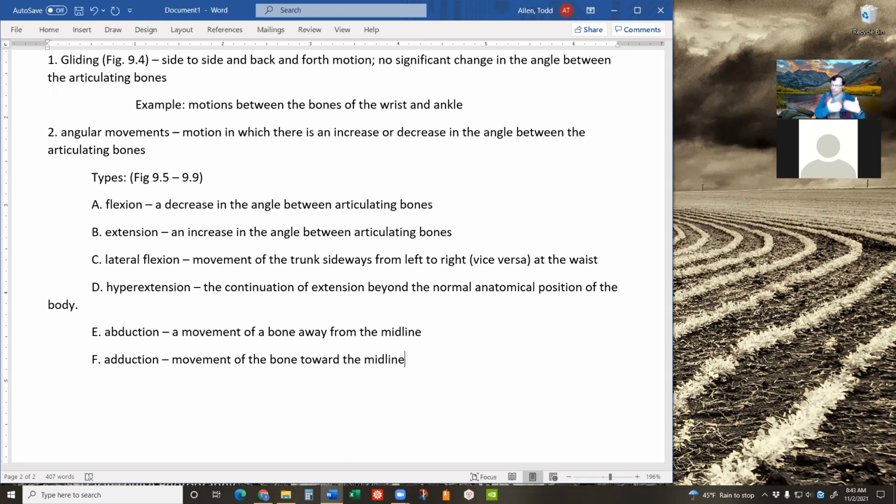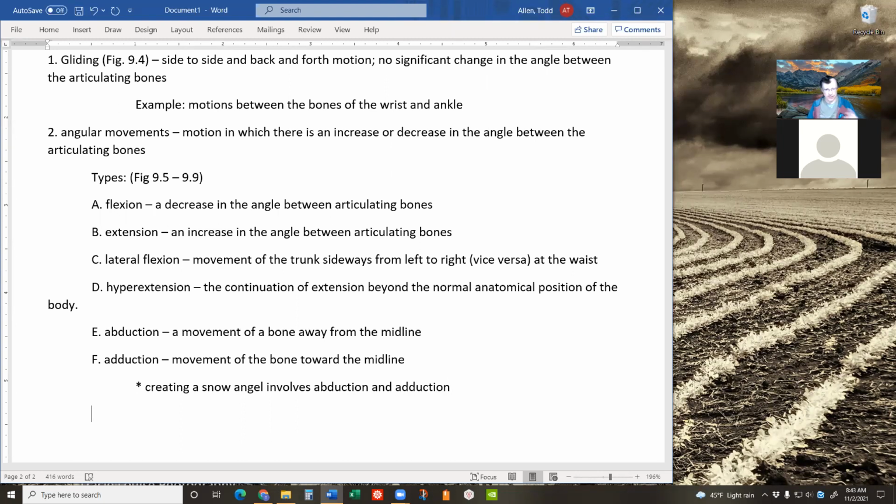So both of these motions together are the snow angel motions. Creating a snow angel involves abduction and adduction.